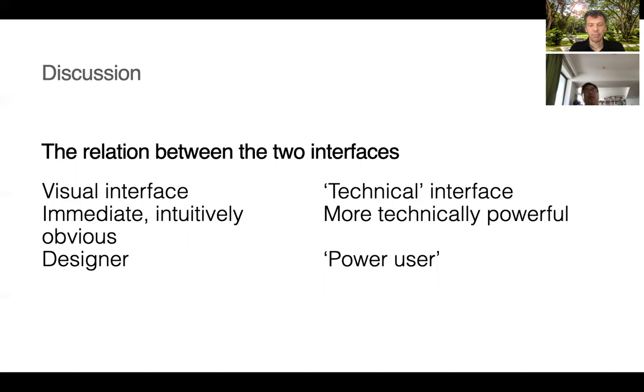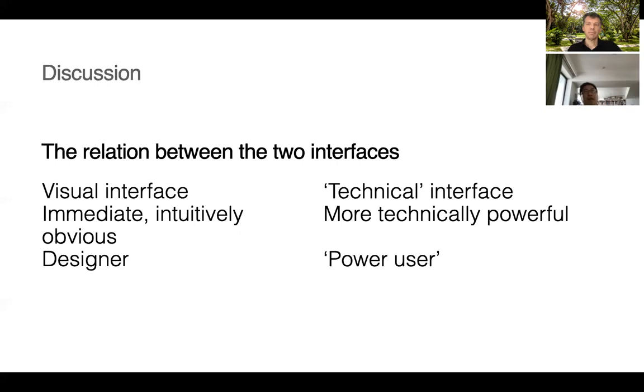Now, one might say, well, the obvious thing is just combine them and get the best of both in one package. But what we noticed from users is that designers took very quickly to the visual interface, and they weren't really interested in any of the more complicated things.